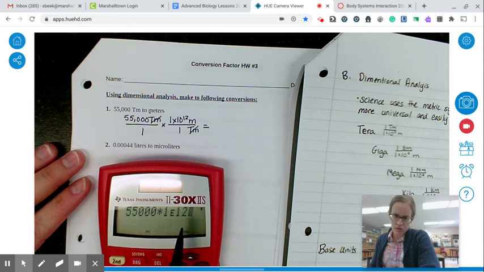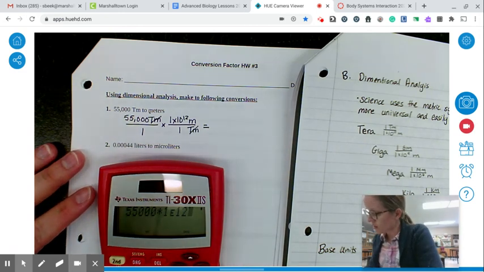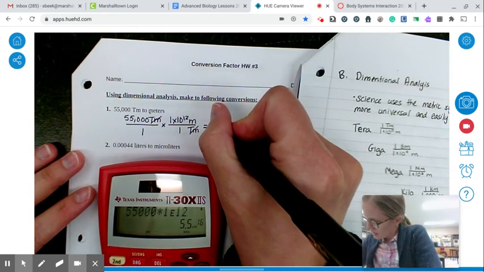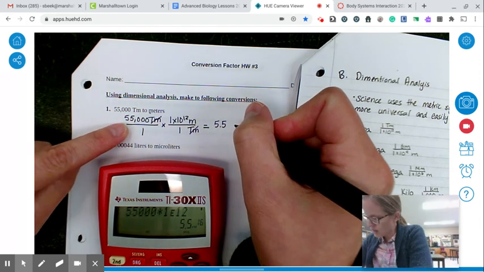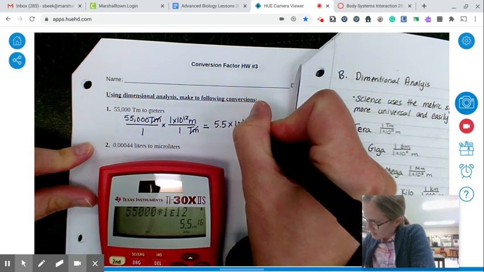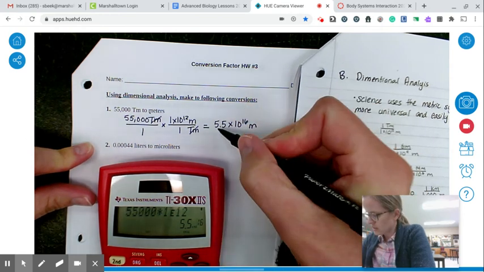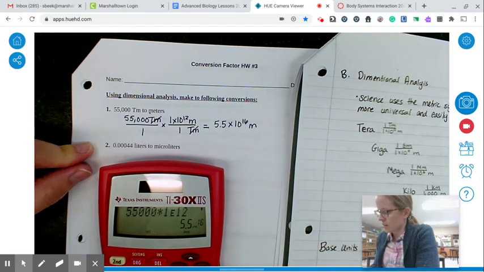There's no times 10 in there. If you do a times 10, it'll give you another exponent. And it gives me 5.5, 2 sig figs, because that also has 2 sig figs, times 10 to the 16th meters. Sig figs, scientific notation, and the label.